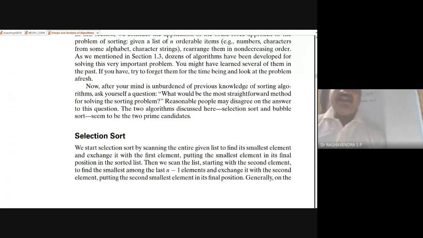The scan process will continue in n minus 1 elements for identification of the second smallest element, and once again this will be put in the next position. So the process will continue.